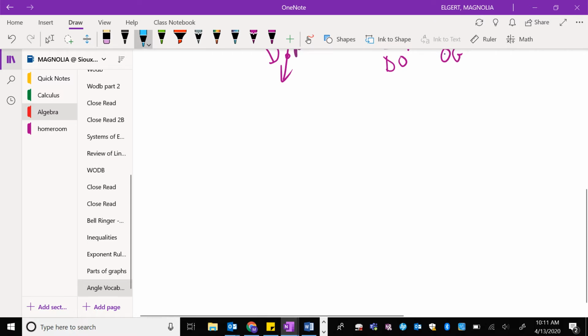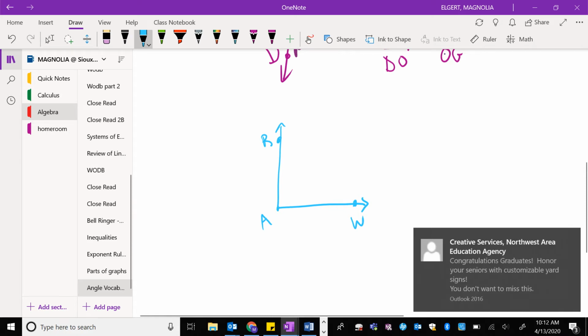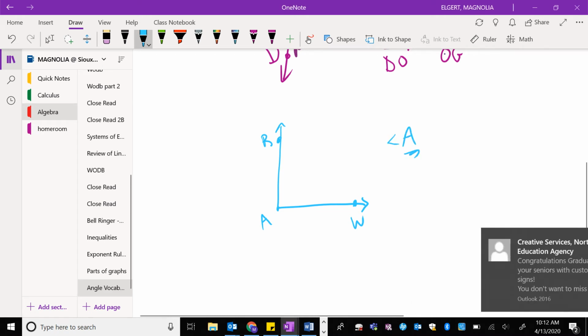So I'll draw another one. Let's do a special angle. Let's try to see if, here, maybe that's a right angle. Let's call this one W, A, B, we'll say. So these three points can be any points on it. So the vertex would be A. So angle A, or A is the vertex.